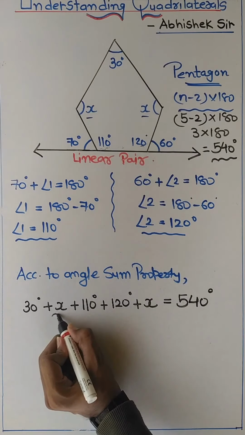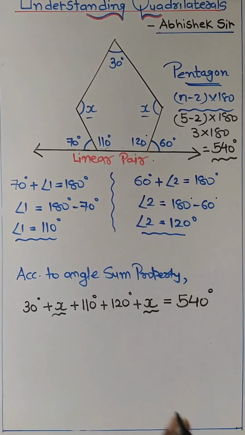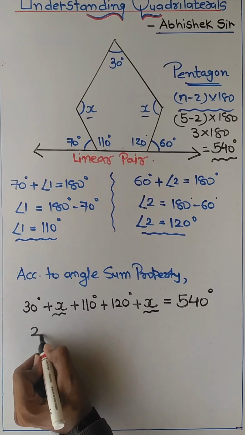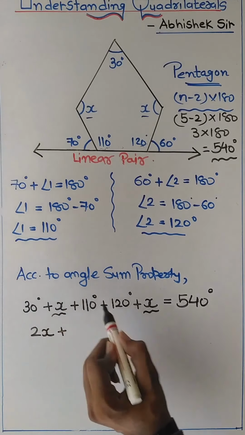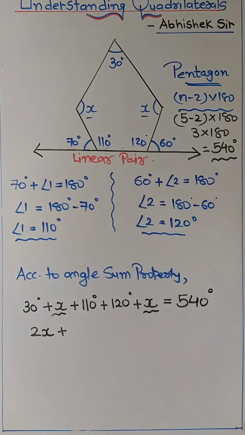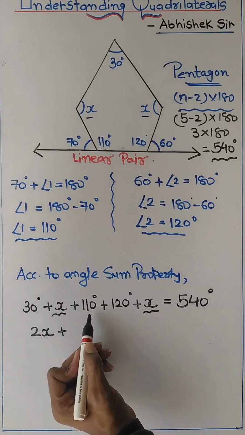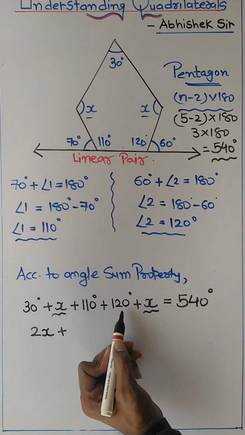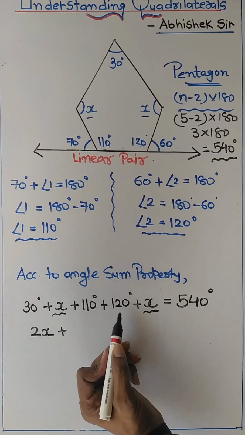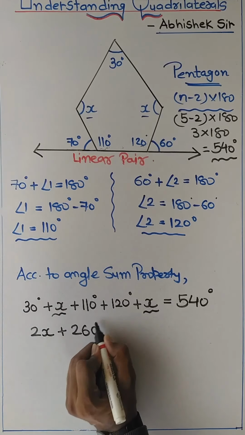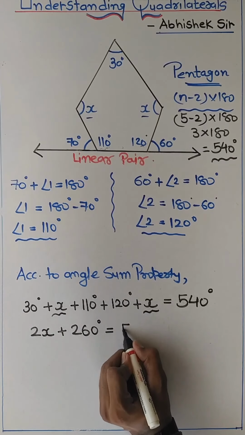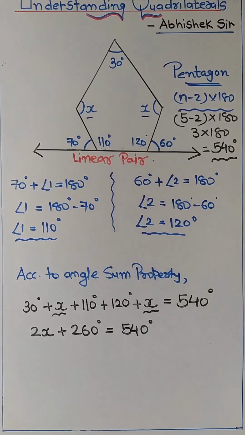Now x plus x, let us keep it on one side, so that is 2x, and the remaining angles, this one and this one, we'll add and then move to the other side. So what is 110 plus 120? That is 230, and 230 plus 30 is 260. This you will be doing orally or in the rough work, right?